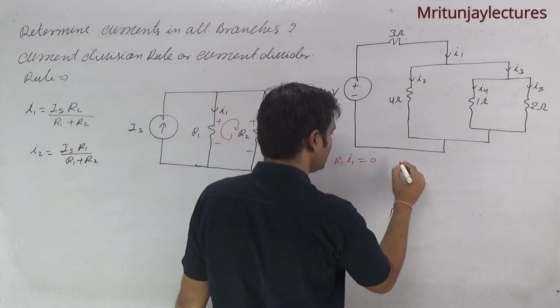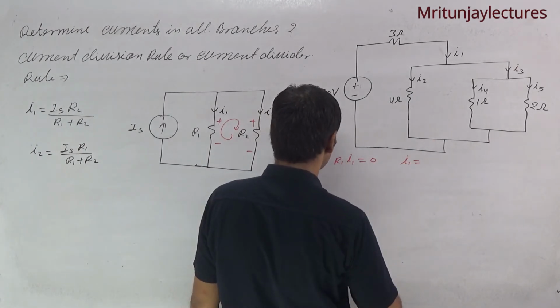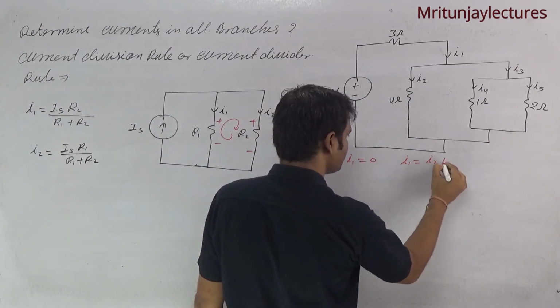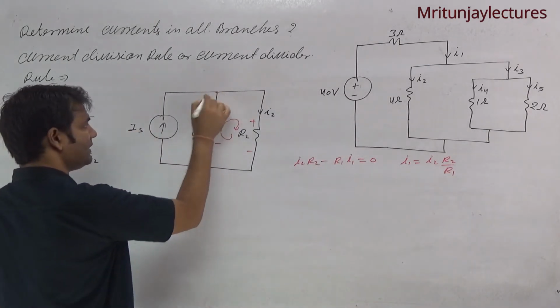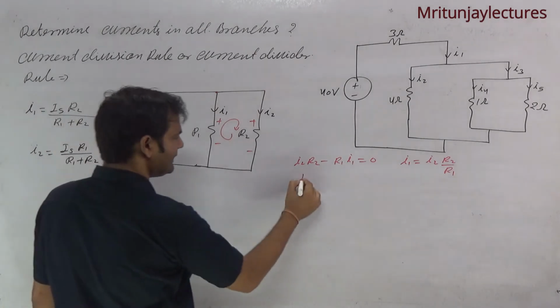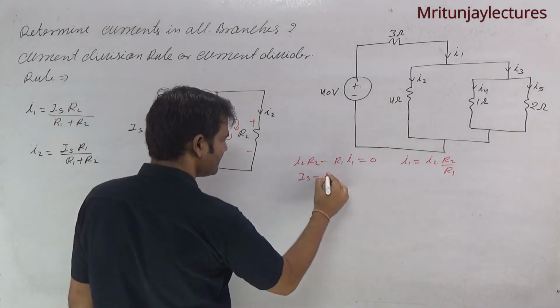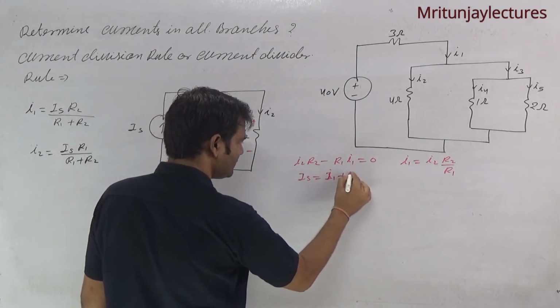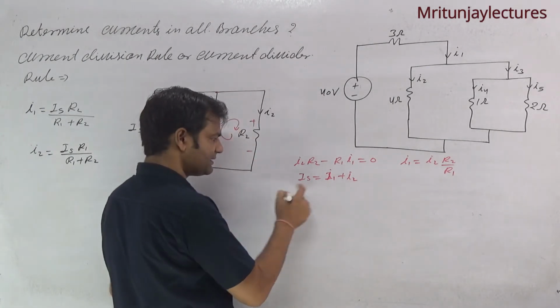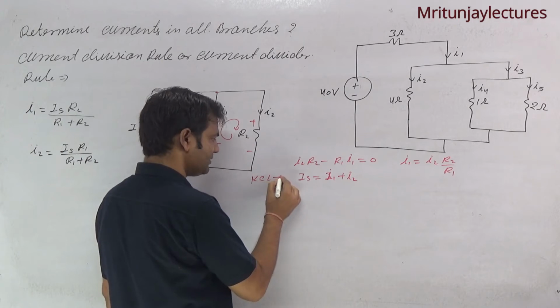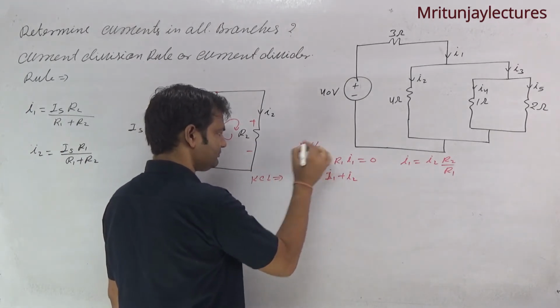So you can say that I1 is equal to I2 into R2 by R1, and KCL at this node, IS is equal to I1 plus I2.